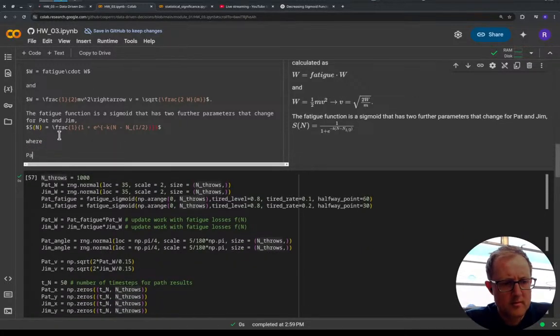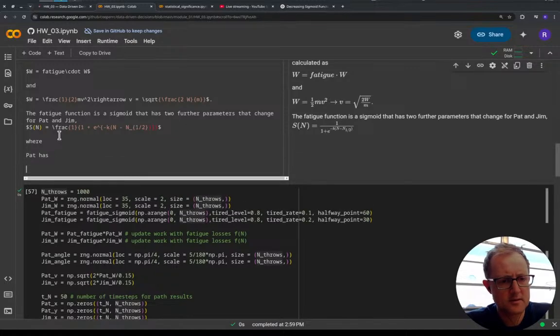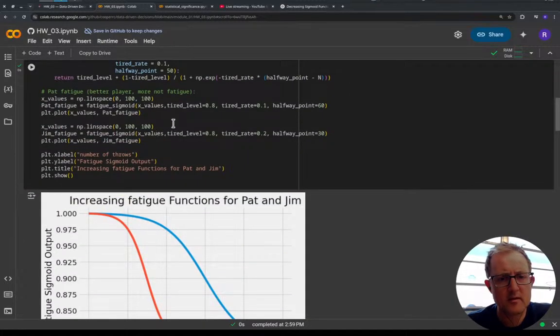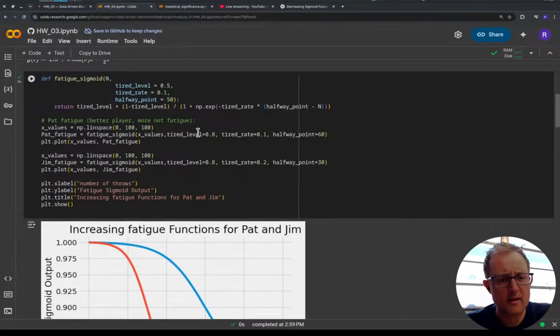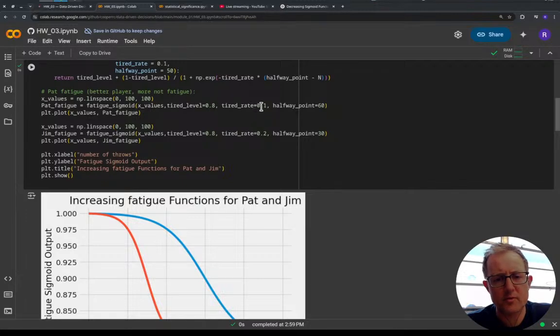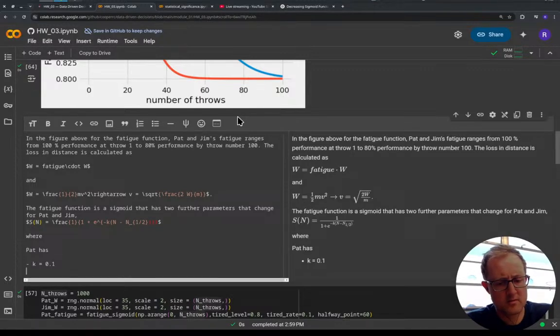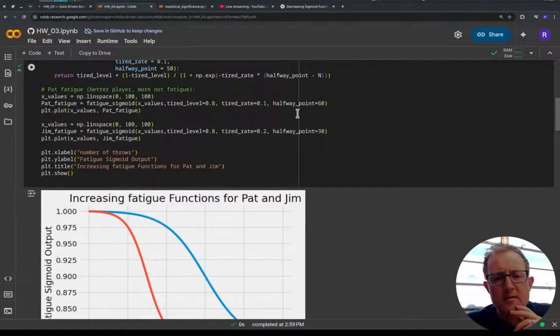Where Pat has k equals, what did we put for Pat? k equals 0.1, and n sub 1/2 equals 60.